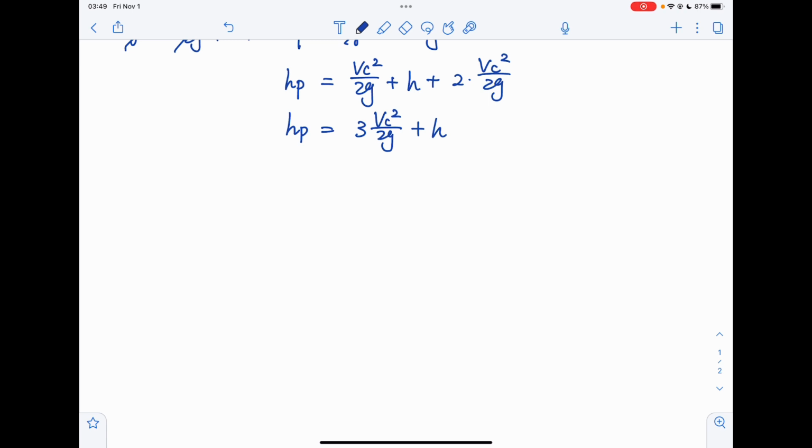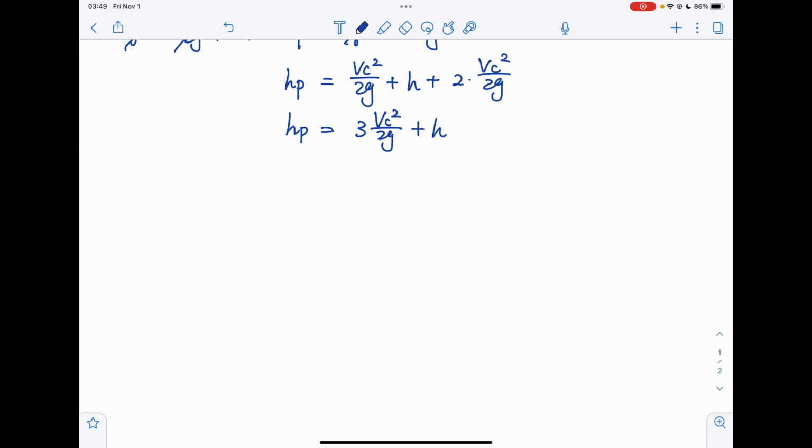So the next step is to find the pump head. We are given the output energy. We know the gamma, we know the efficiency, but we still need to find the discharge of the system.